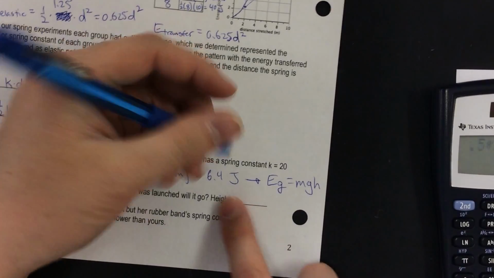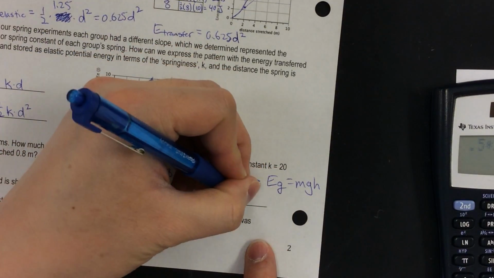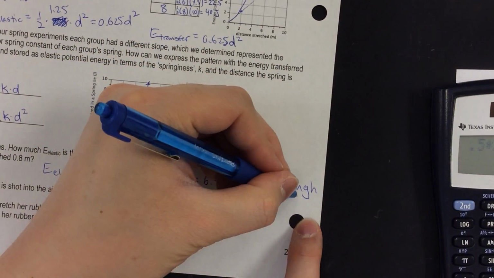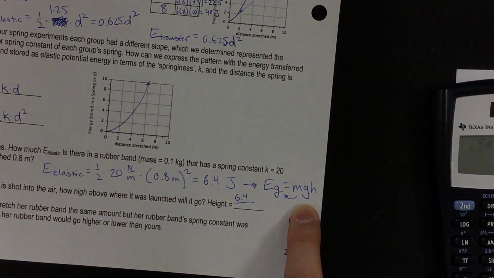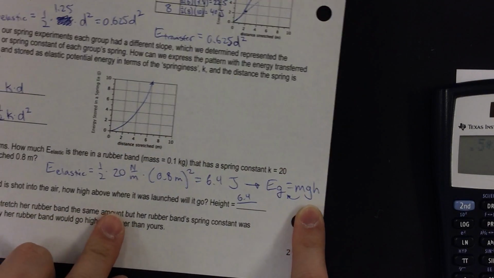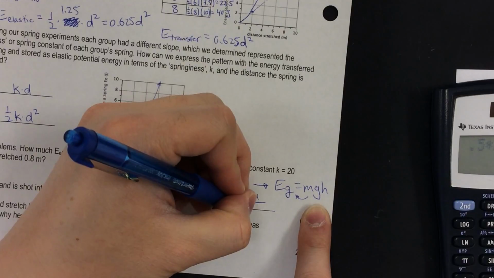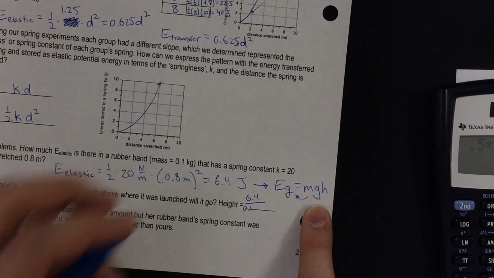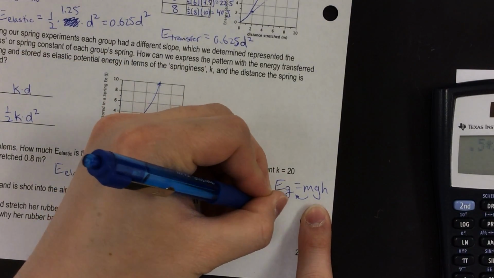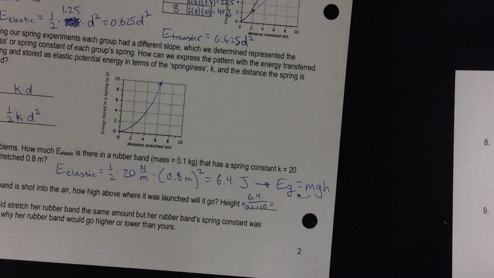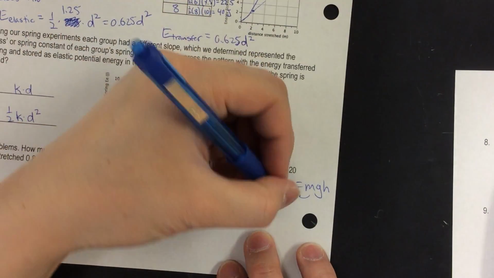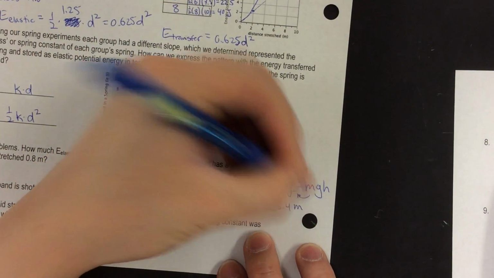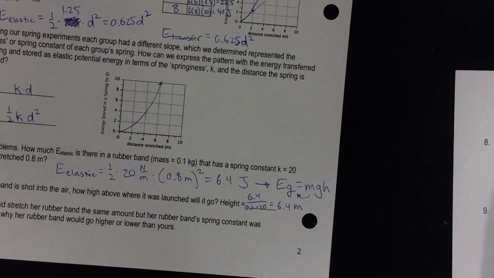So it is 6.4 joules. Divide both sides by m and g. The mass is 0.1, g is 10. So we get, actually it happens to work out to be 6.4 meters. It just so happens to work out that way.